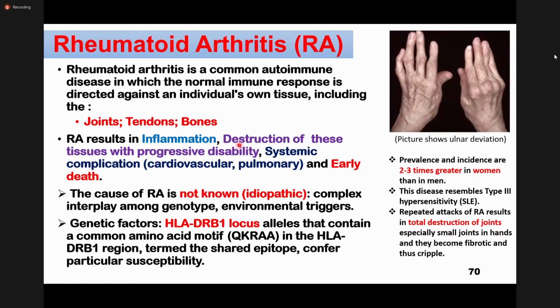Destruction of this tissue leads to progressive disability and systemic complications, and can even cause death, okay? Rheumatoid arthritis is not known to be atopic. It's a complex immune interplay between genes and environmental triggers. And they have also reported the genetic factor, particularly one locus here, okay?